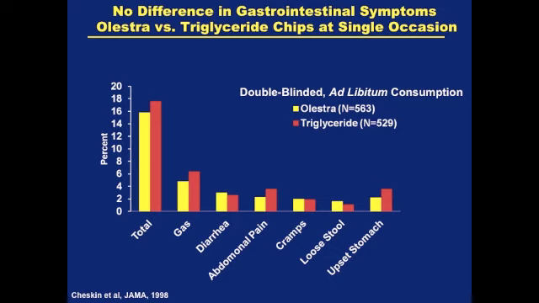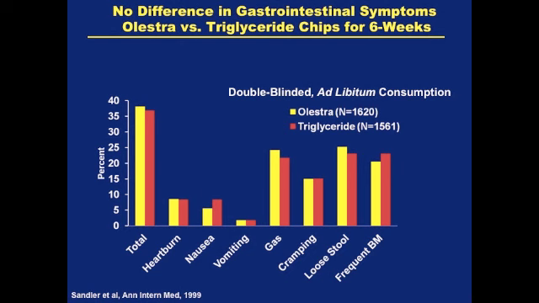And this is just one acute feeding, so it's just once. And you can see there's absolutely no difference in the reporting of GI effects up to 3 days after. So the acute effects, at least in the amount that people eat, are relatively undetectable.